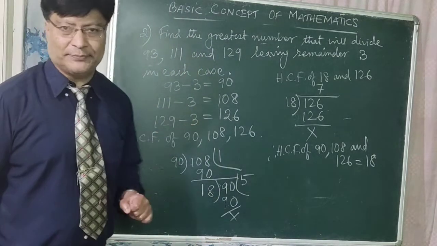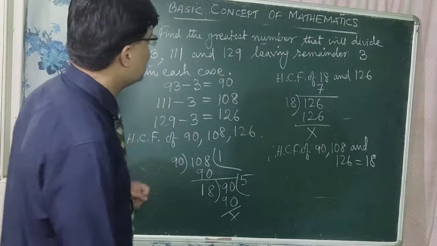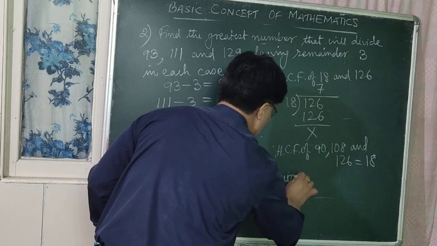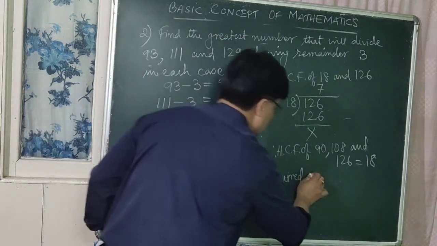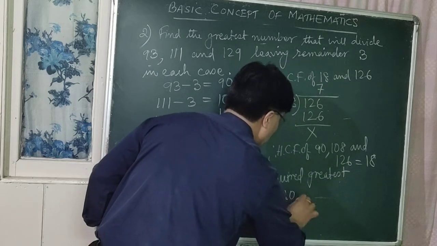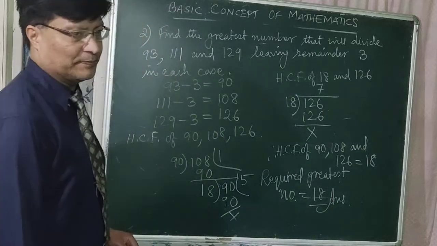So this is the answer. Understood now? So which is the greatest number? So the required greatest number is equal to 18. So this is the answer.